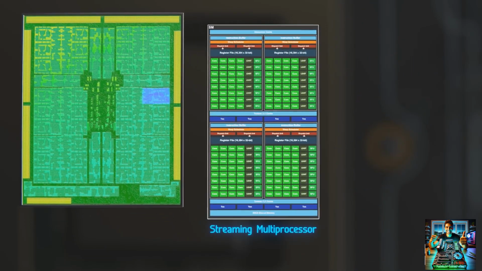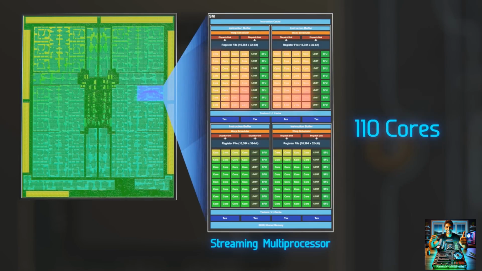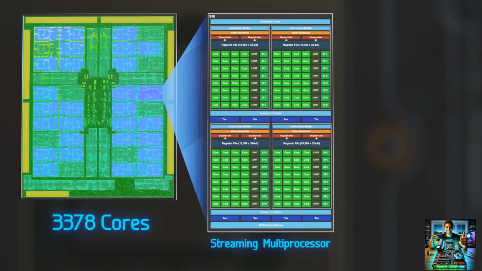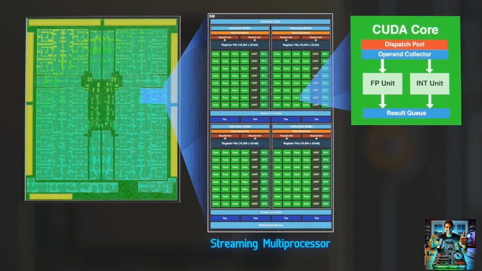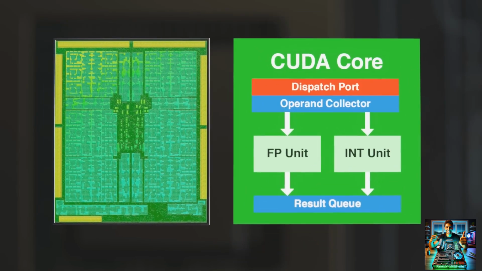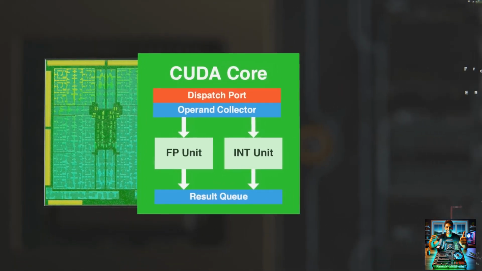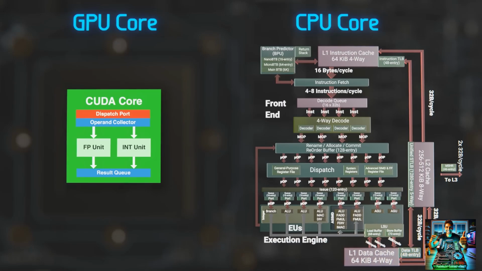Each streaming multiprocessor is composed of 128 cores, resulting in a total of 3,584 cores. Each core has sections for integer and floating point arithmetic, and sections for queuing in the operands and collecting the results, and is far simpler than a CPU core.